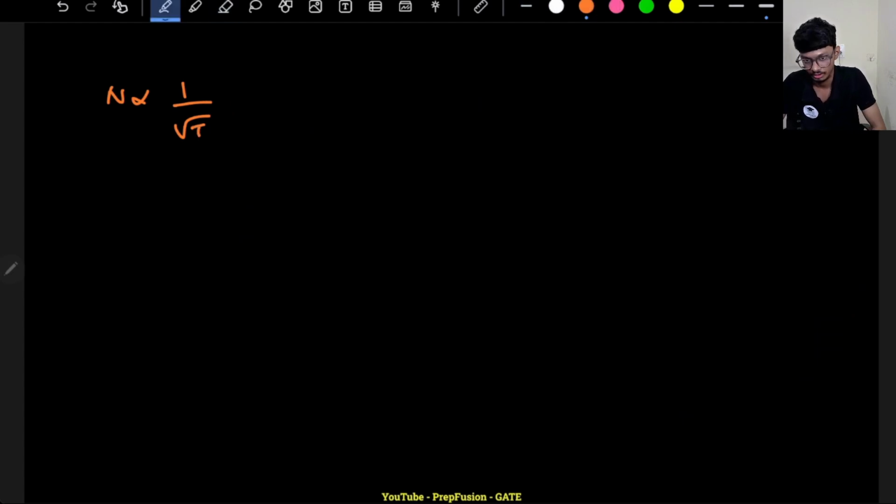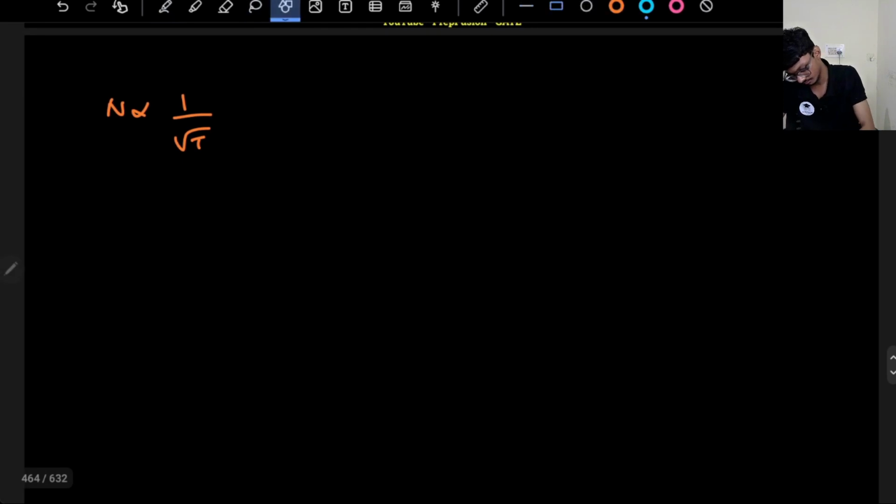So how will the graph look? The graph is almost like a rectangular hyperbola, but not exactly, because it is not inversely proportional to torque, it is inversely proportional to the square root of torque, so it will be like a hyperbola. It is an equation similar to a hyperbola, okay.